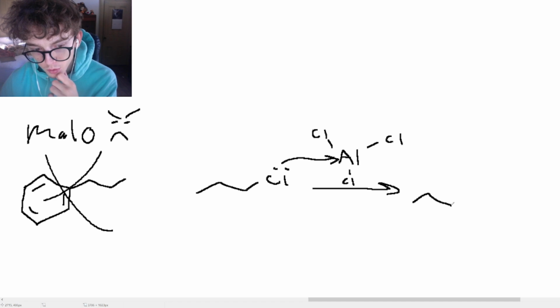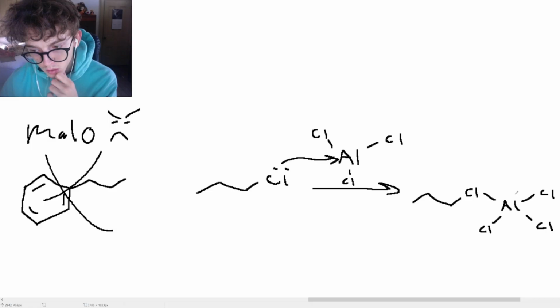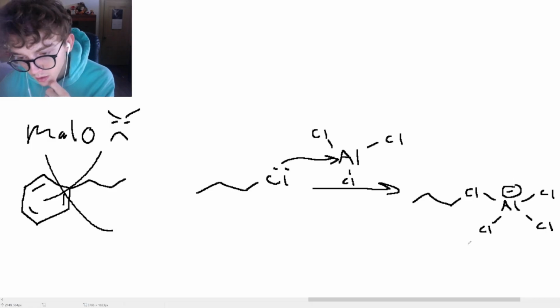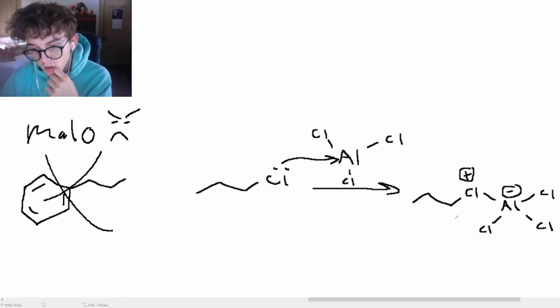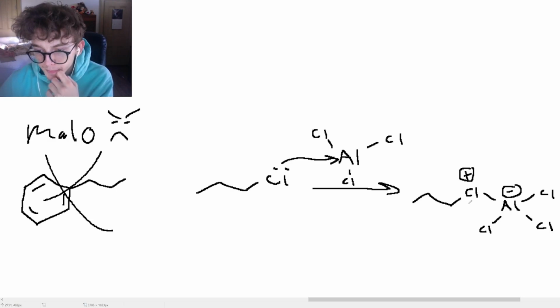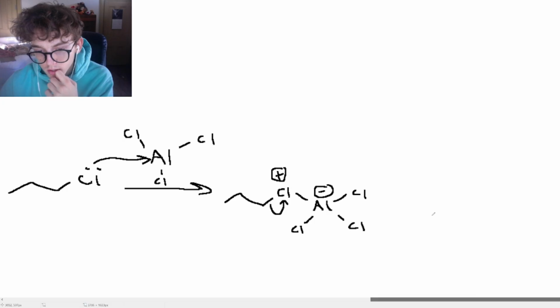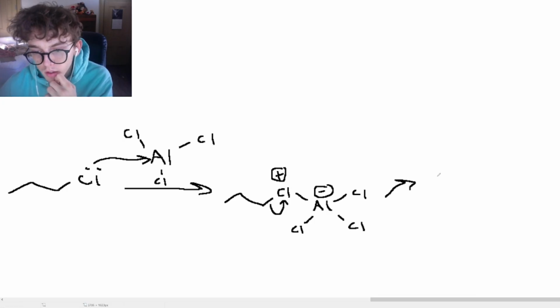We've seen this before. All right, chlorine has a positive charge, and chlorine takes the electrons there, and we're left with this.